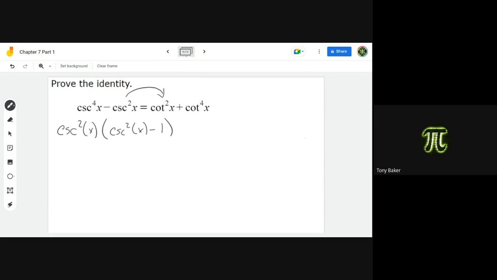All right. What's next? Okay. So Pythagorean identity, the cosecant squared is 1 plus cotangent squared. So we're changing.